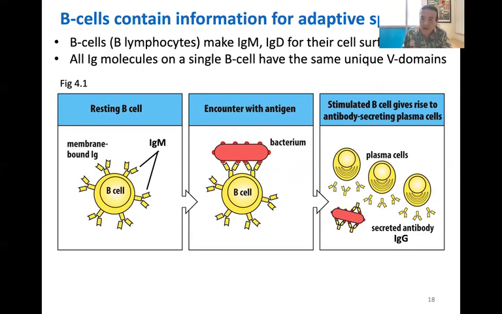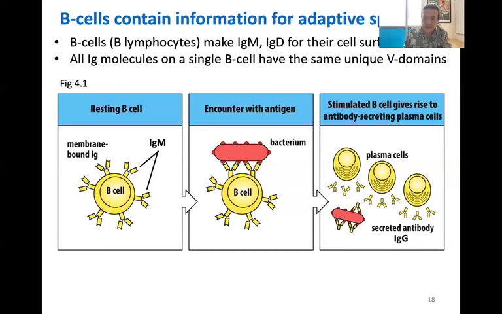It may no longer be the IgM form that's released. It may switch to a different form, such as IgG, as the secreted antibody. And IgG is usually the type of antibody that medical professionals talk about. When you talk about seeing if you have an antibody response or levels of antibody detected in your blood, that's because 70% of the Igs that are floating around in your blood as antibodies are the IgG form.